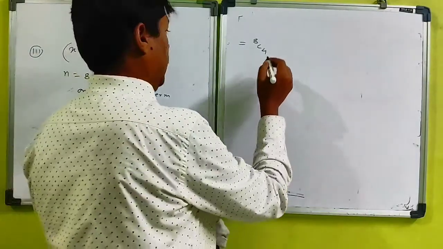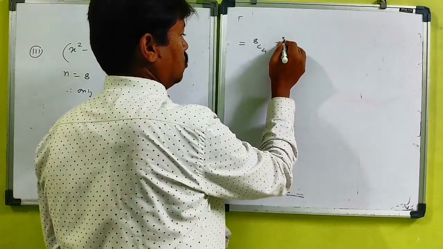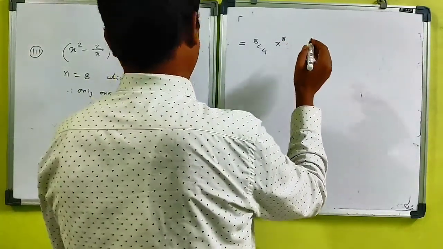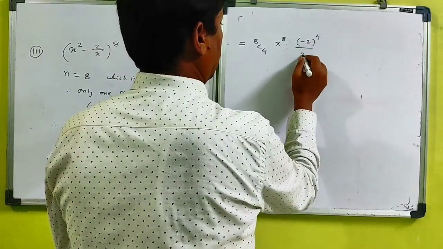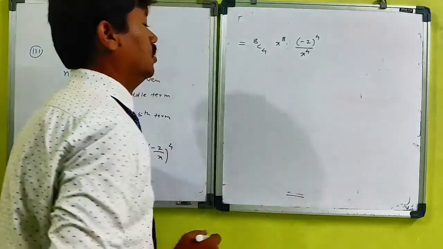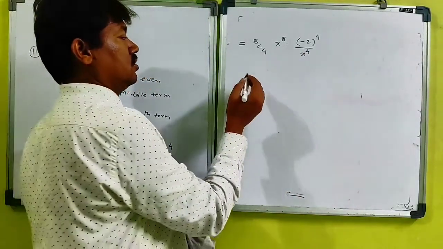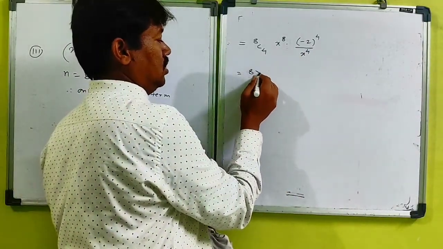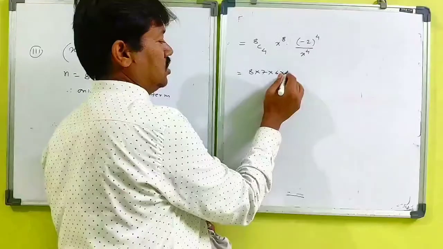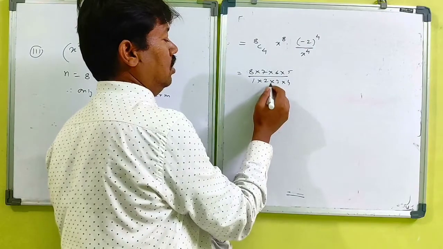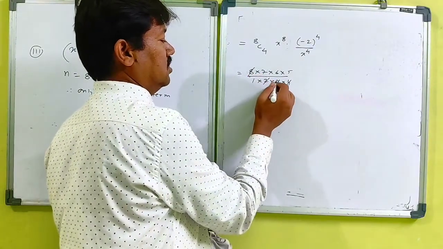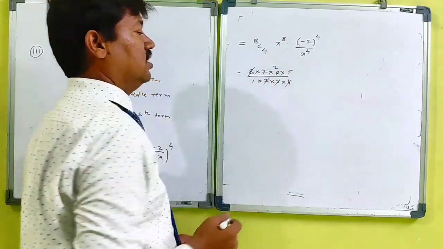So the answer is 8C4 x squared, that becomes x raised to 8, into minus 2 raised to 4 upon x raised to 4. So 8C4 is 8 into 7 into 6 into 5 upon 1, 2, 3, 4. So 2 into 4 cancel with this, 3 cancels with this, becomes 70.